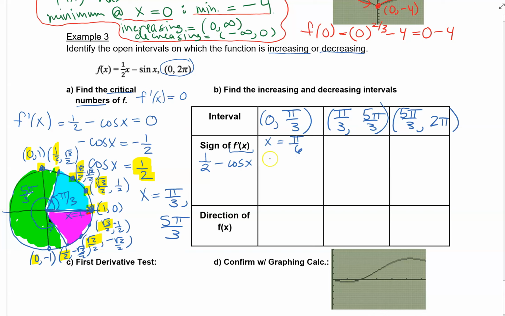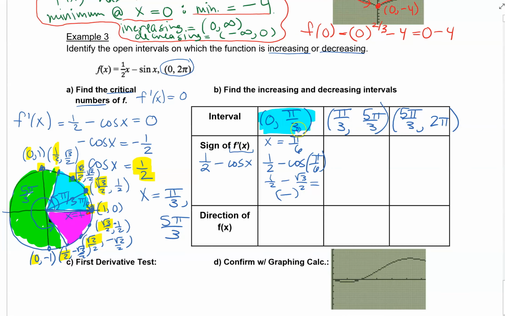So if I do 1/2 minus cosine of pi over 6, cosine of pi over 6 is right here. It's bigger than 1/2. It's rad 3 over 2, right? Rad 3 is bigger than 1, so rad 3 over 2 is bigger than 1/2. So if I try to subtract a bigger number, I get a negative. So 1/2 minus cosine x is negative in this first interval that I have in blue.